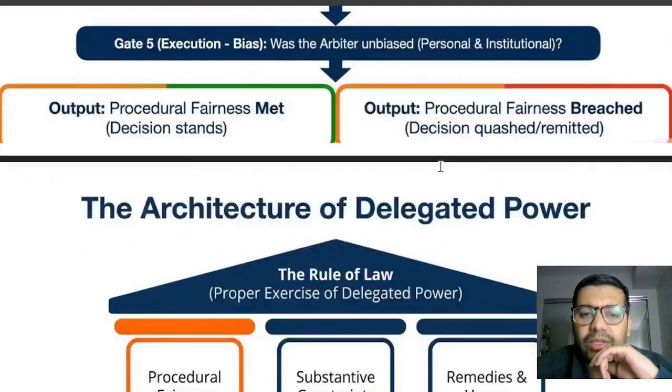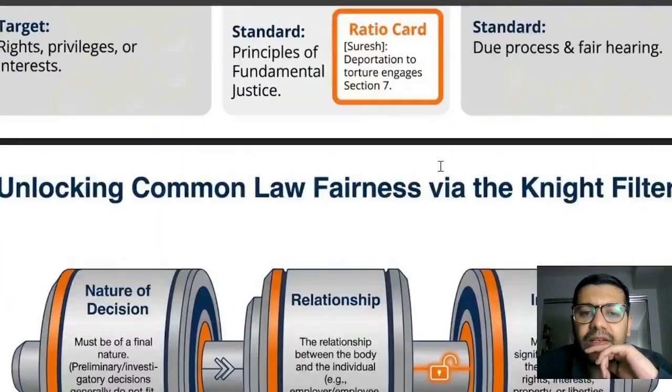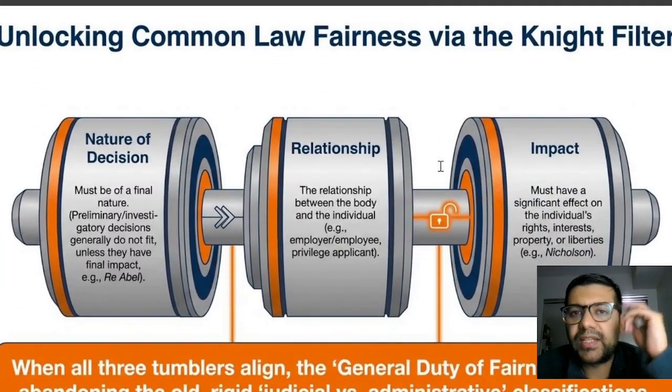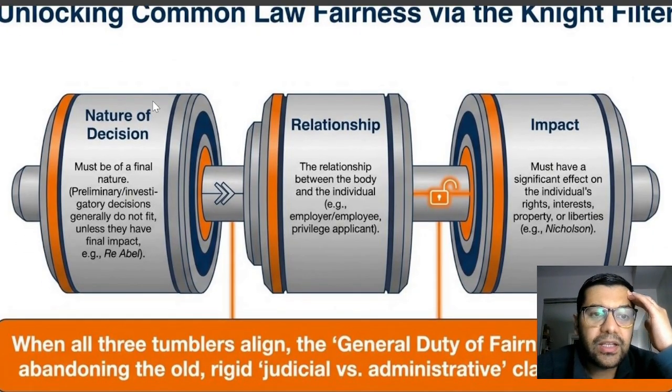What is that threshold? The threshold here is this one. This is the Knight filter. Remember these gears. The very first thing that you need to check is the nature of the decision.